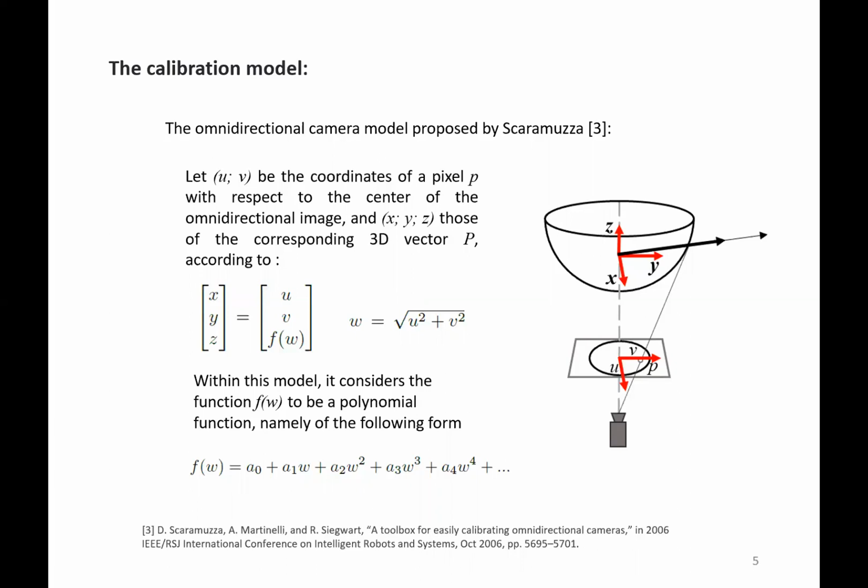This means that it provides the relation between a given 2D pixel and the corresponding 3D vector from the point of view of the unique sphere. And this relation is modeled by a polynomial function where coefficients here A0, A1, A2, etc. are the calibration parameters.